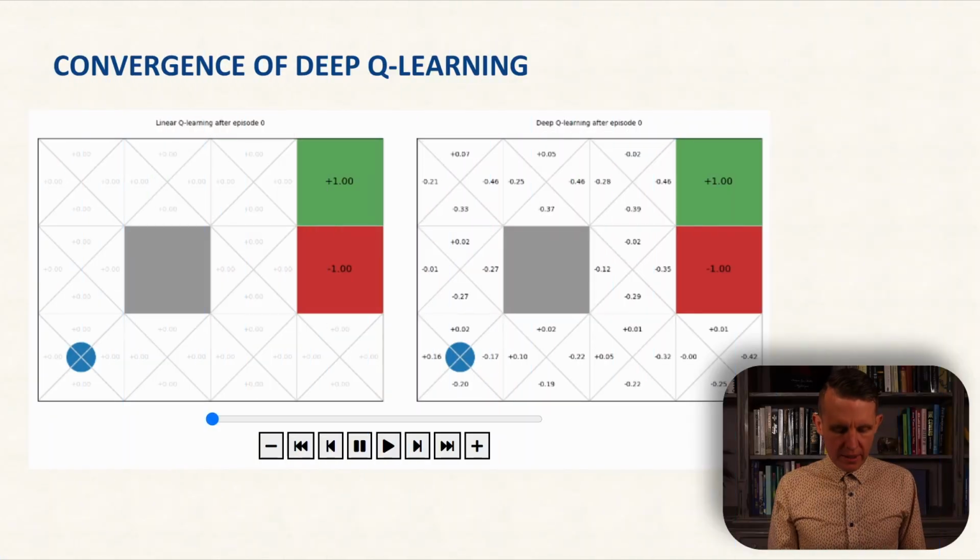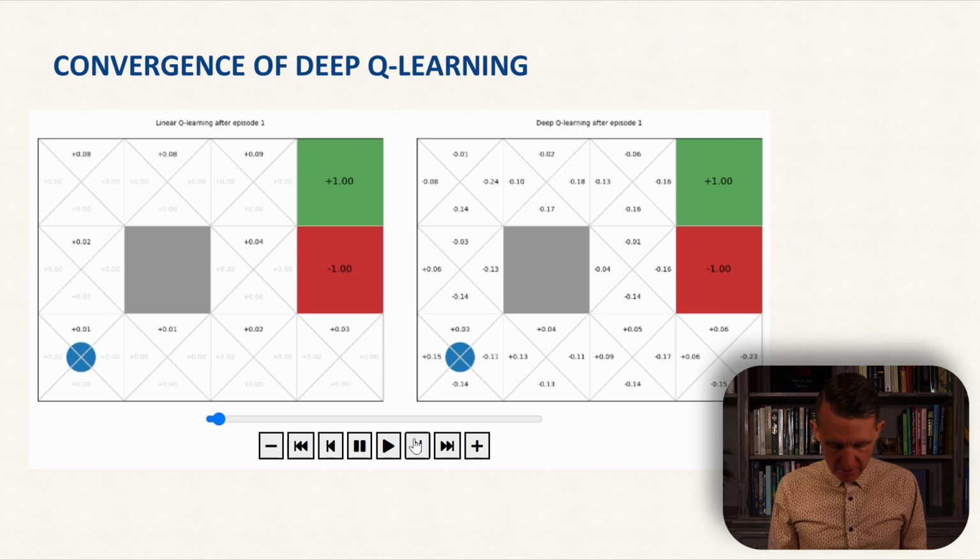Now let's have a quick look at linear Q function approximation versus deep Q function approximation in the grid world example. On the left we have the linear Q function approximation, on the right we have deep Q function approximation, implemented using PyTorch. The first thing to note is that in the deep Q function approximation, parameters are randomly initialized, so it already looks like there are some weights trained, although this is still an arbitrary policy.